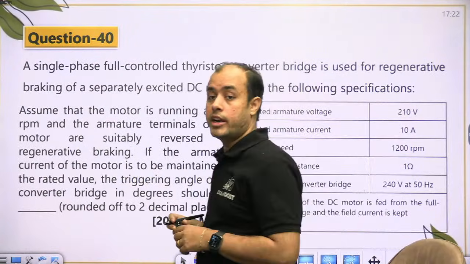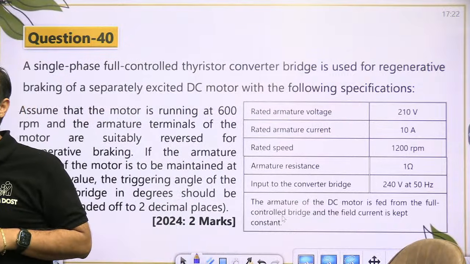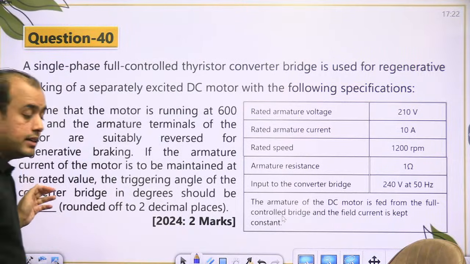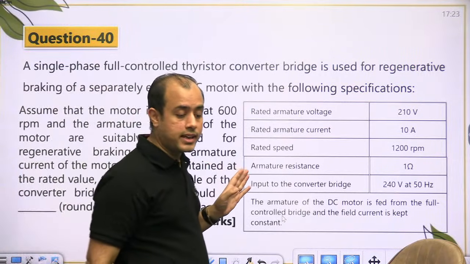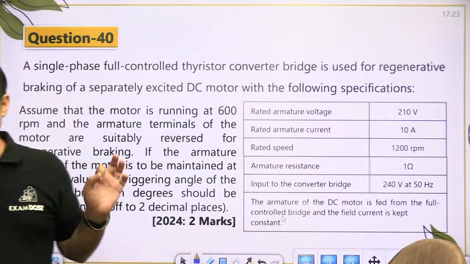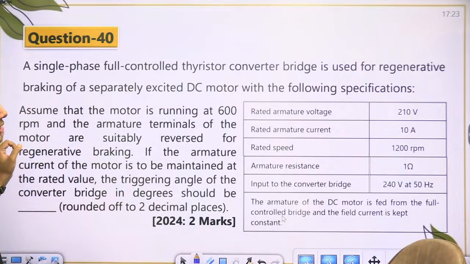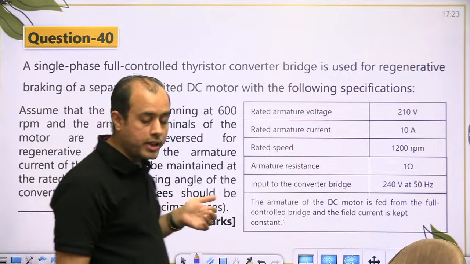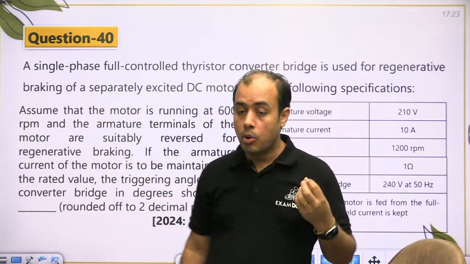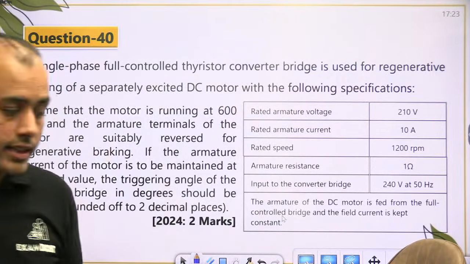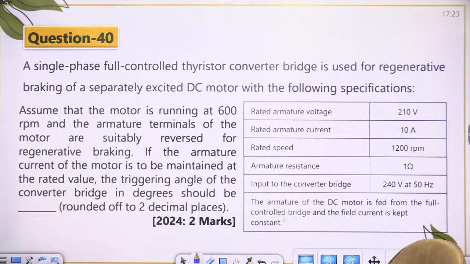अब देखो this question in just last year बेटा it was asked from the drives है ना. Even though drives is not in a gate syllabus but they still asked it. Let's see this. A single phase fully controlled thyristor converter bridge is used for regenerative braking. Now during the braking beta motor has to operate as a generator and it has to deliver the electrical power.